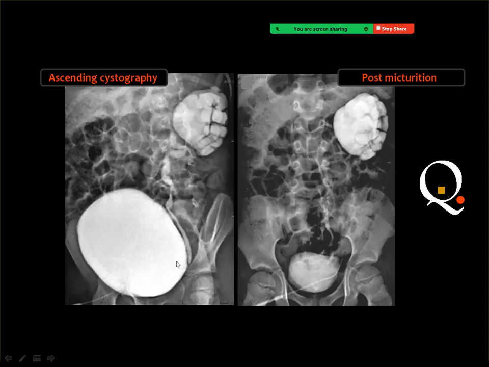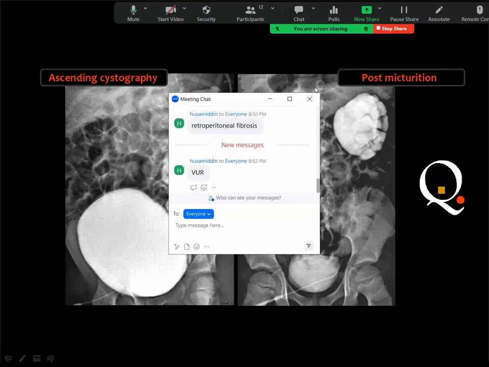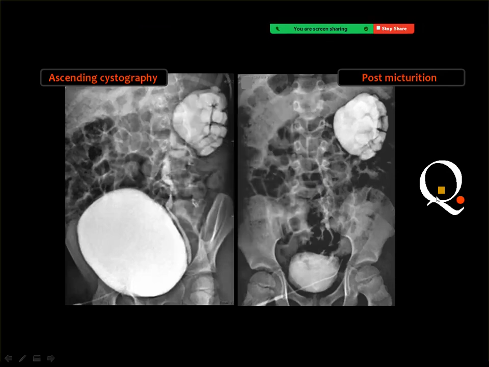Okay, you see that the contrast material has passed through the ureter to the collecting system during ascending cystography, and this is vesicoureteric reflux grade 5, because the ureter is dilated and tortuous, the pelvicalyceal system is ballooned.